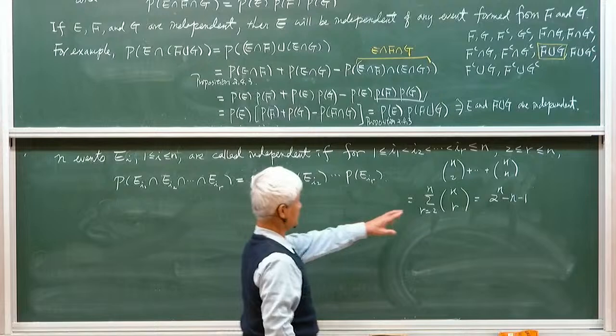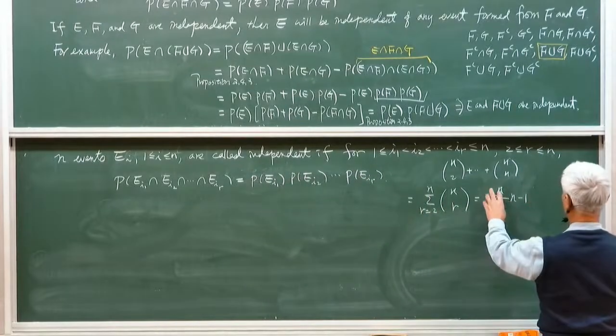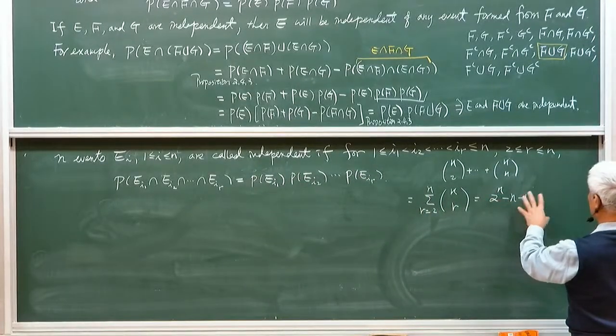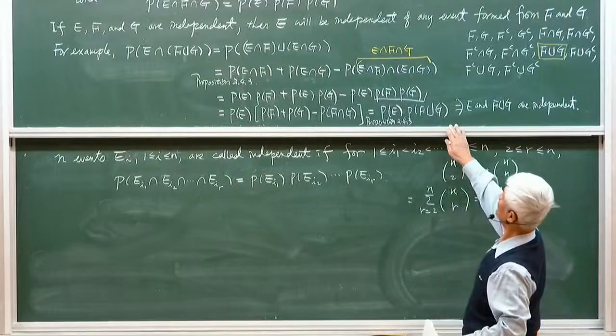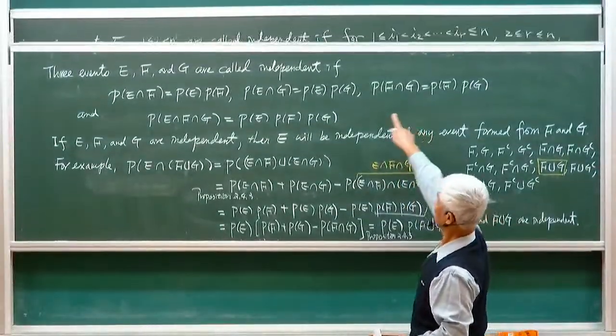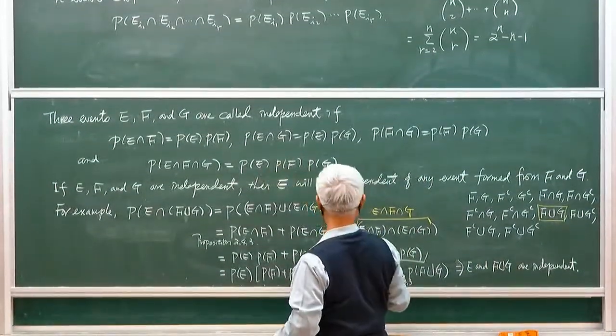When n equals 3, 8 minus 3 minus 1 is 4. So when n equals 3, we have 4 equations.